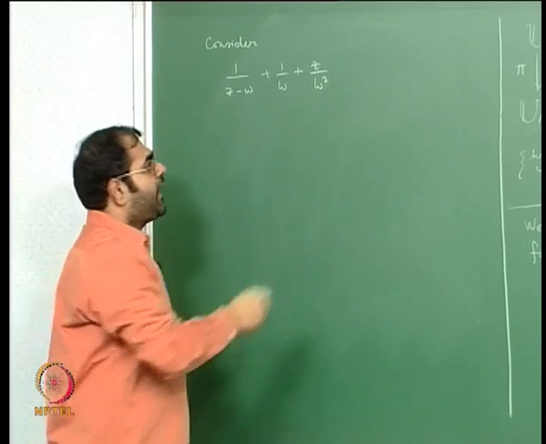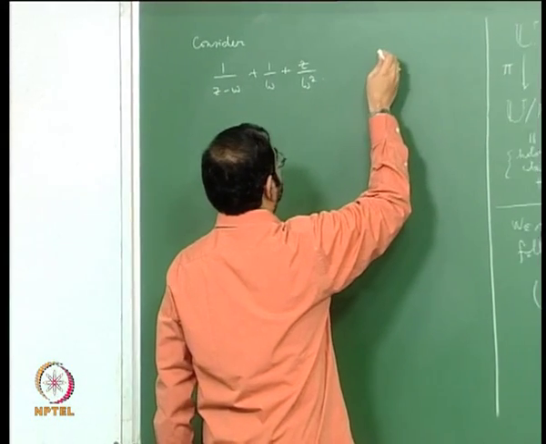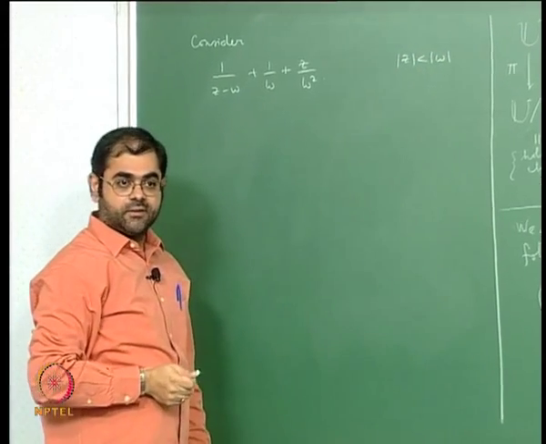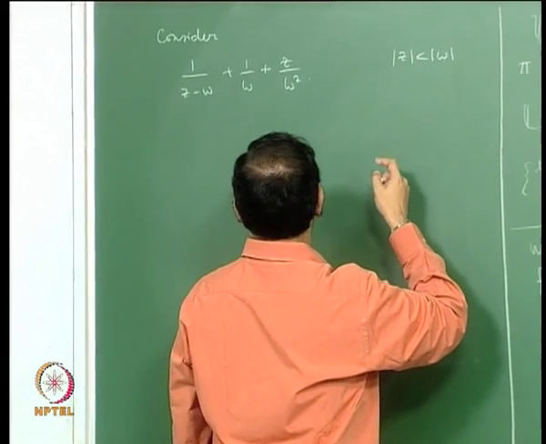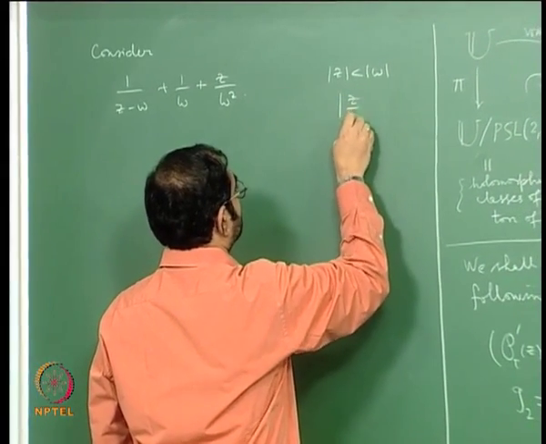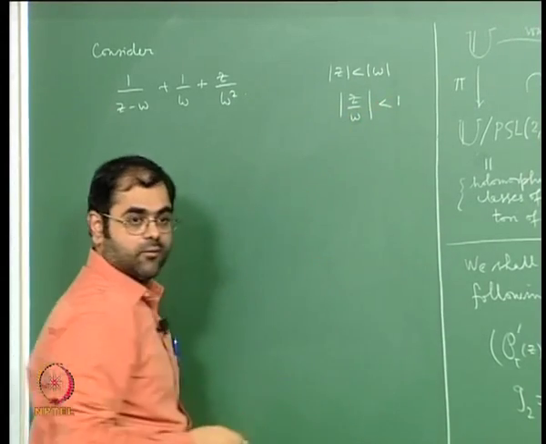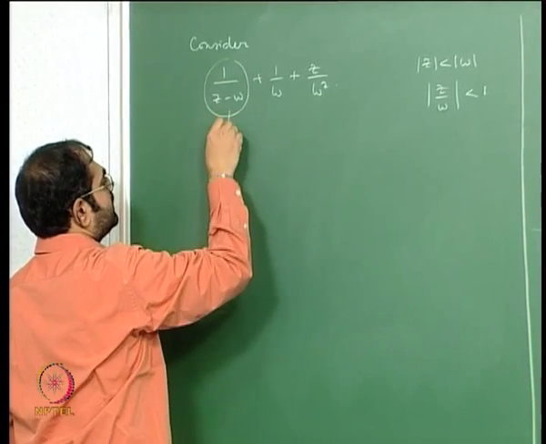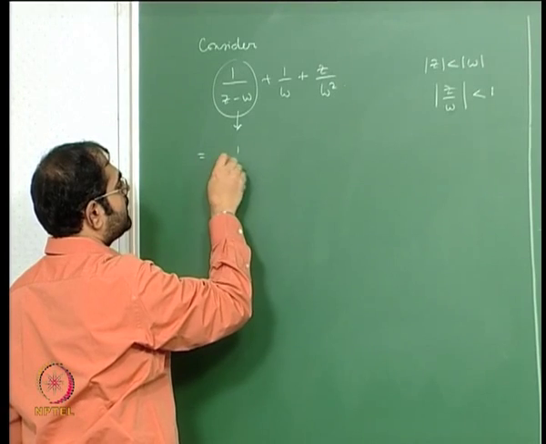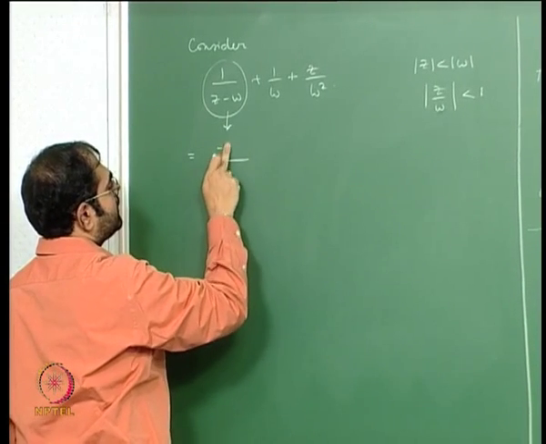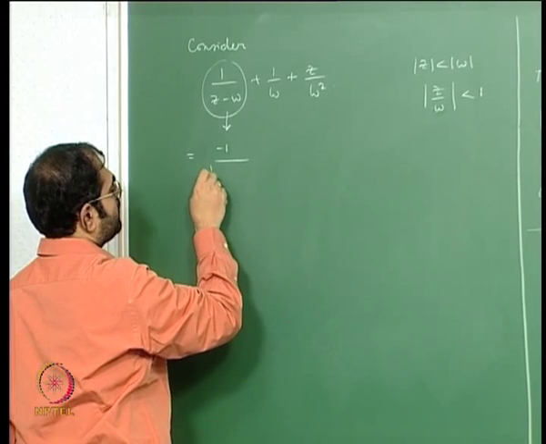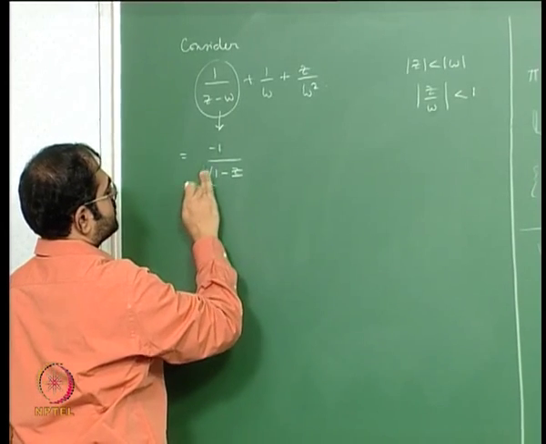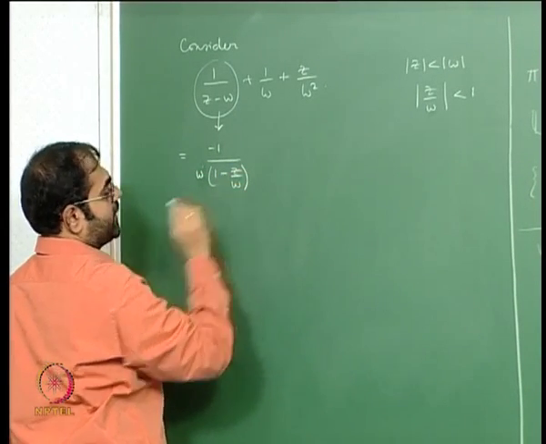Take this, and what you do is you assume that mod z is less than mod omega. In other words, mod z by omega is less than 1, so that I can apply the geometric series. As usual, you can rewrite this term as minus 1 by omega times 1 minus z by omega.